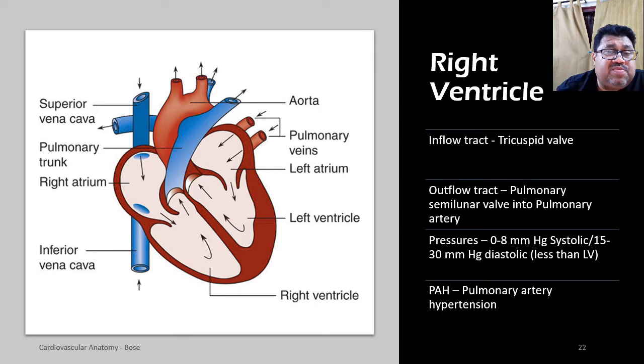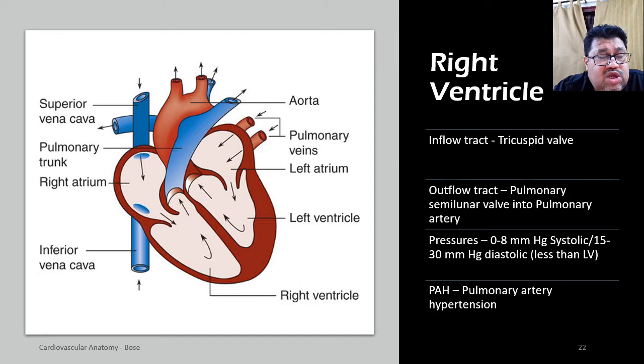The increased pressure within the pulmonary artery increases the workload on the right ventricle, causing a failure that is specific to an underlying lung pathology. This is called cor pulmonale, or right ventricular hypertrophy, and resulting right ventricular failure.